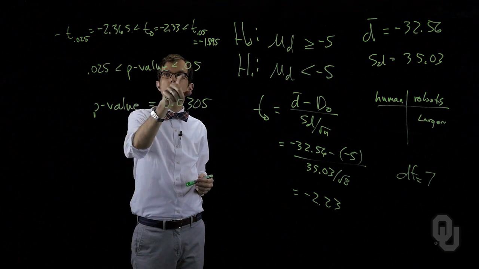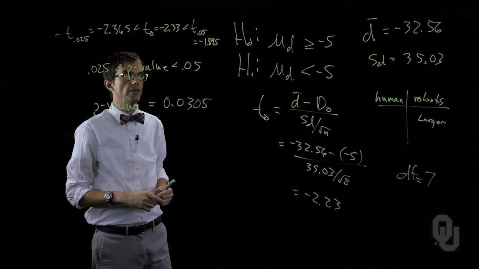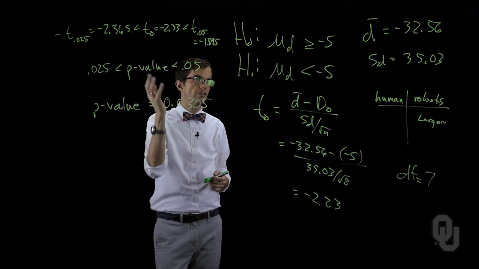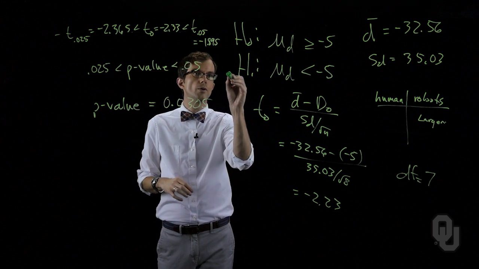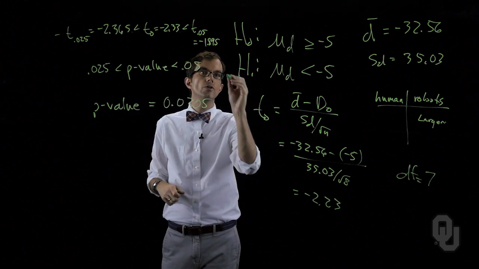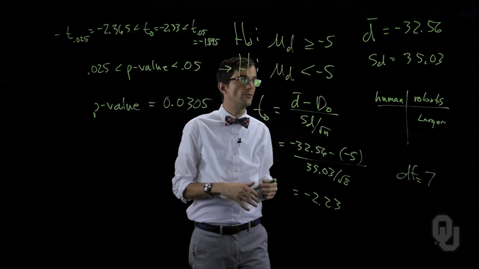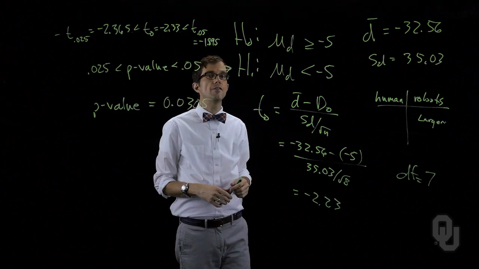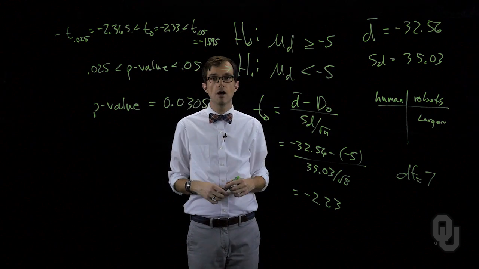It is indeed in between 0.025 and 0.05, and we know it a little more exactly. We would still draw the same kind of conclusion here. If we want 95% confidence, we would reject the null and conclude that robots outperform humans by more than 5 throughput units on average for a task.